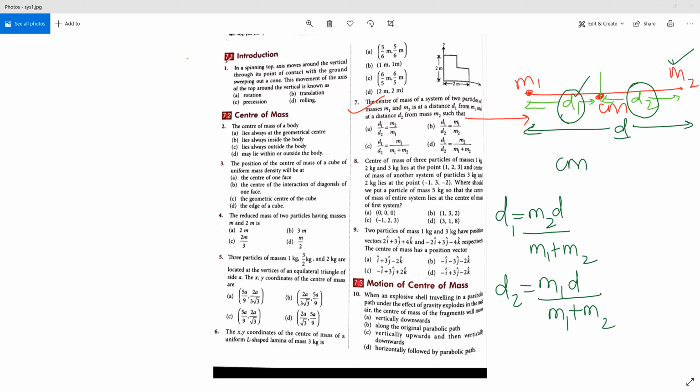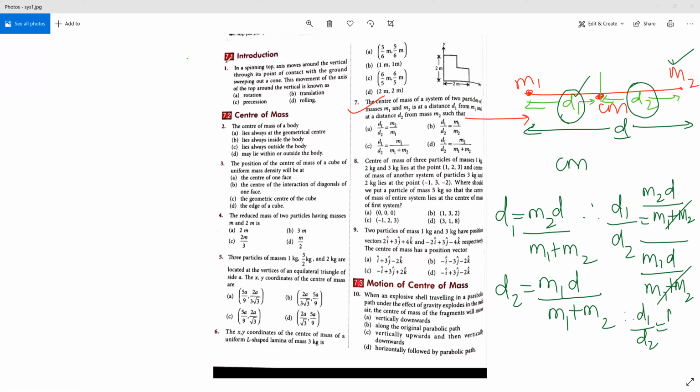If you divide d1 by d2, the d1 value m2 d over m1 plus m2, divided by the d2 value m1 d over m1 plus m2. On cross multiplication, these two are the same and get cancelled, so we get d1 by d2 is equal to m2 divided by m1.